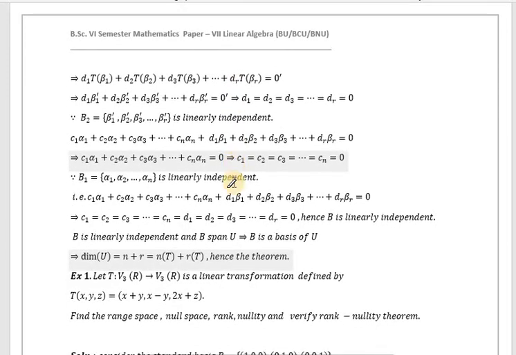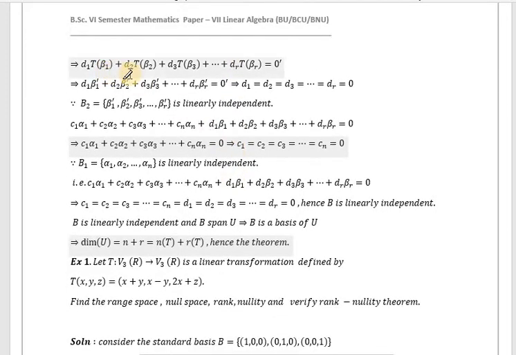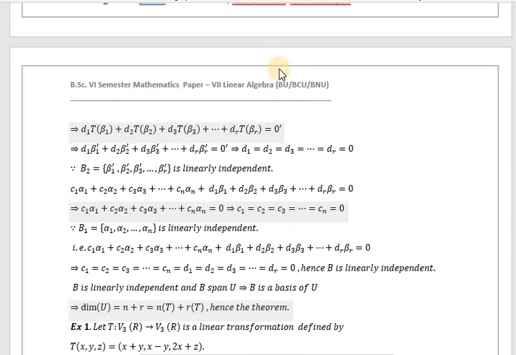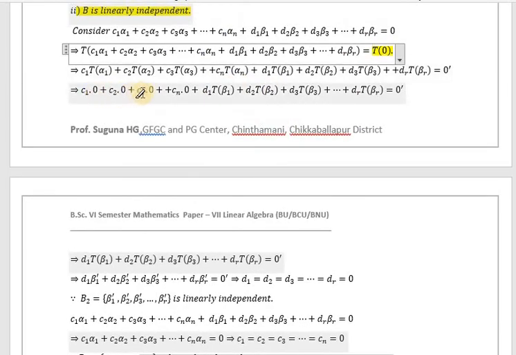Now see, this implies that D1 T(beta 1) plus D2 T(beta 2) plus D3 T(beta 3) and so on up to Dr T(beta r) is equal to 0', because when you take alpha 1, alpha 2's transformations as zeros, these terms completely become 0.